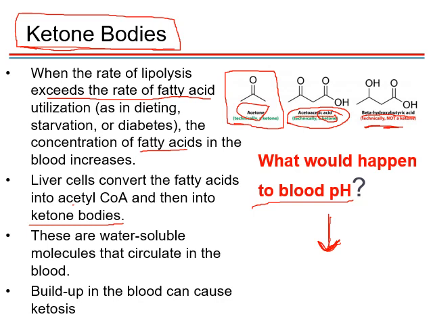Okay, what happens is these ketone bodies, what do you think they get converted to make energy? Yeah, that unifying molecule, acetyl-CoA, and then the acetyl-CoA can enter the citric acid cycle, and we can produce our ATP. Okay.